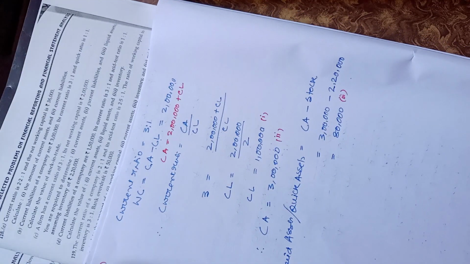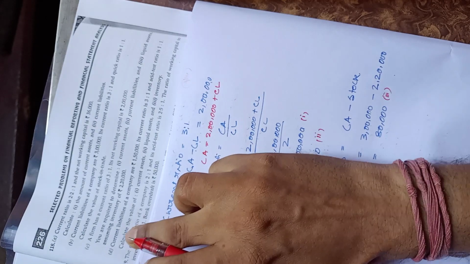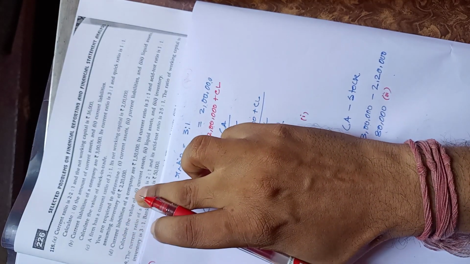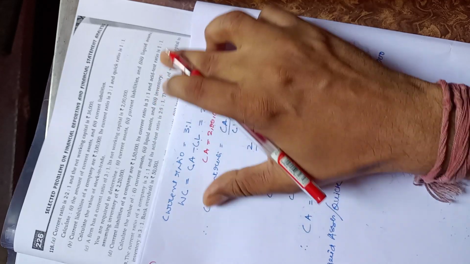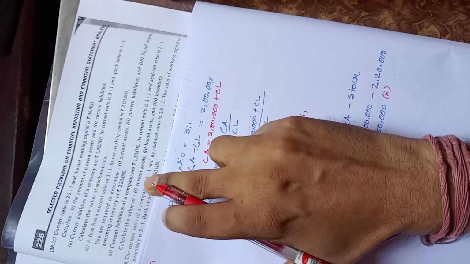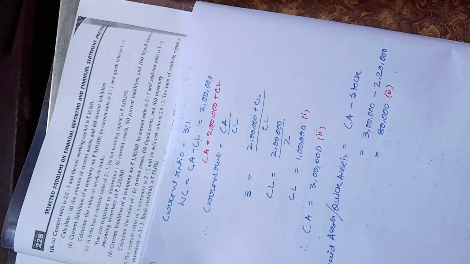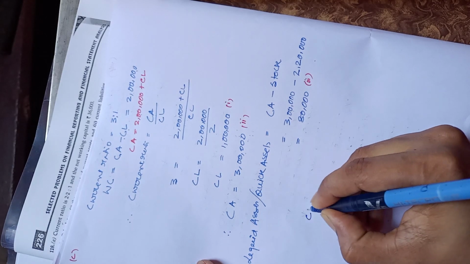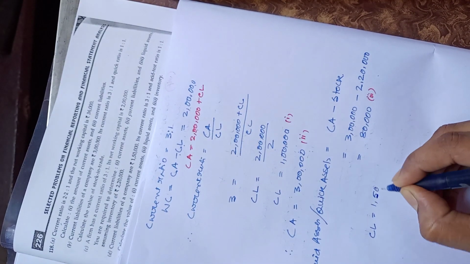Okay. Now in question number 118, the last part, part D. In part D, see the current liabilities of a company is 1,50,000. Current ratio is 3:1 and acid test ratio is there. You have to find out the current assets, liquid assets and inventory. Only we know the current liabilities. CL is equal to 1,50,000.